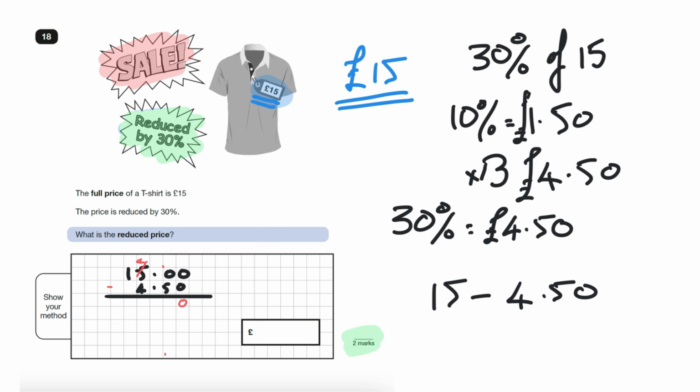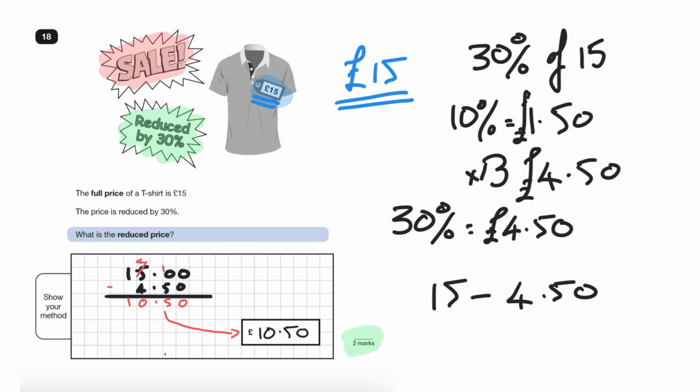That becomes 10. 10 take away 5 is 5, decimal column. 4 take away 4 is 0, and 1, there's nothing to take away, so that just drops down. So we've got £10.50, okay? So straight away, that answer needs to just be dropped into there, so we've got £10 and 50 pence. That would give us our 2 marks, very, very simply.